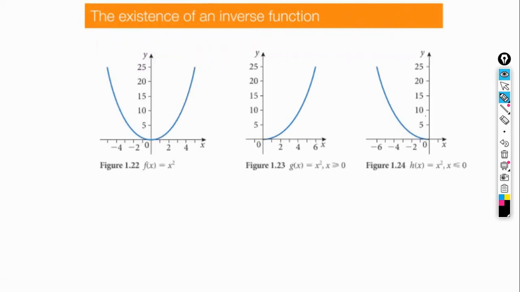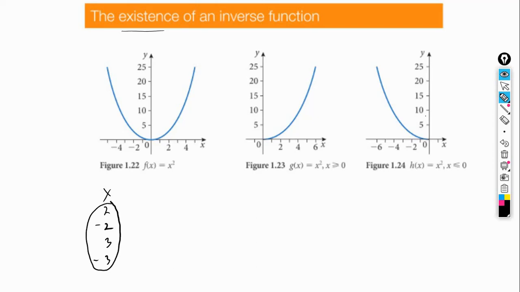Okay, so in this next slide, we're going to talk about the existence of an inverse function. So does a function have an inverse? So let's take the case of f of x equals x squared. Now notice that if we pick some values for x, let's say 2, negative 2, 3, and negative 3. So this would be the domain we're going to be testing.